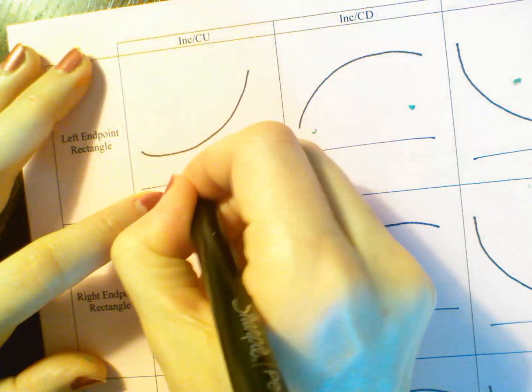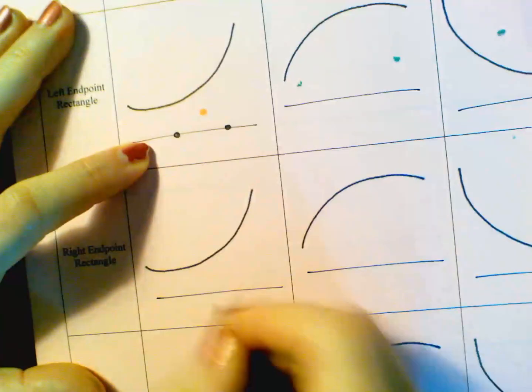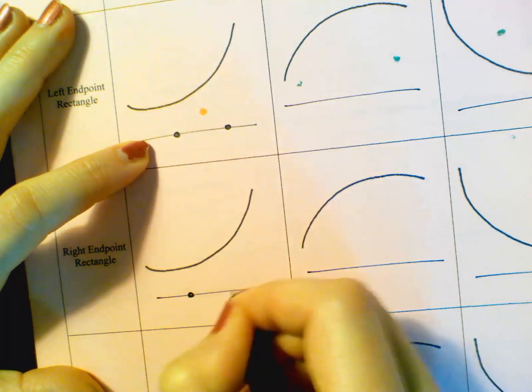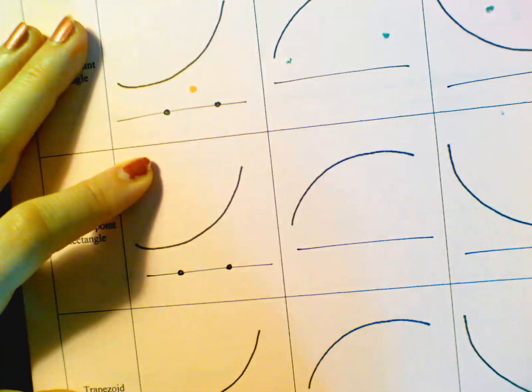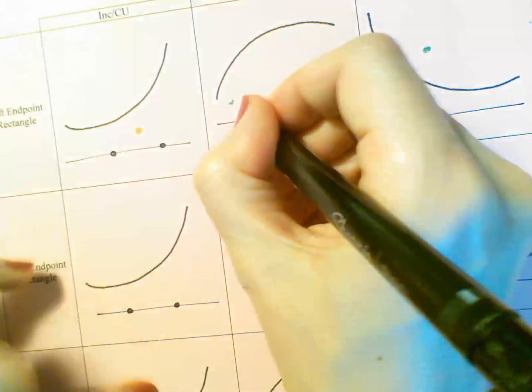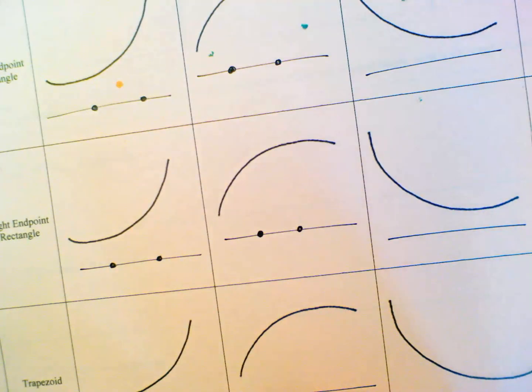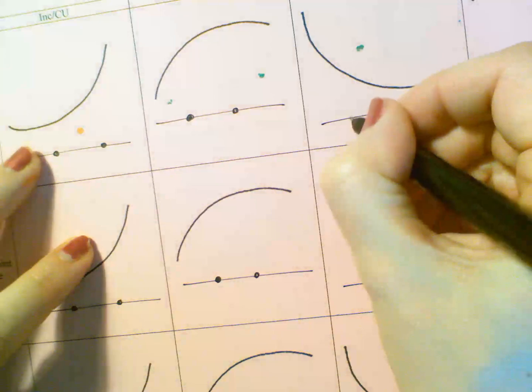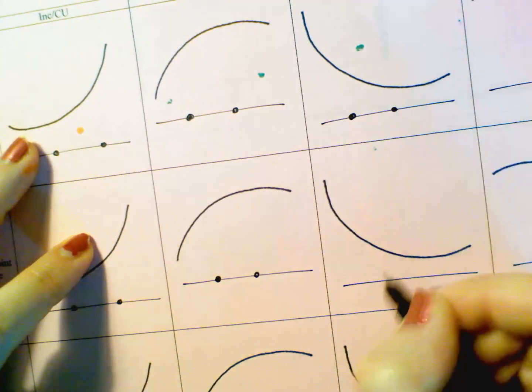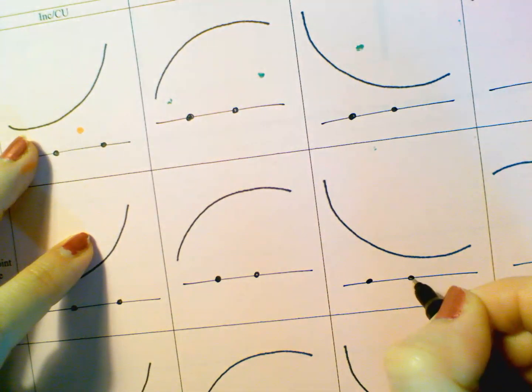All right, and then I'm drawing a subinterval, a subinterval. I'm just doing this so I can go fast later.